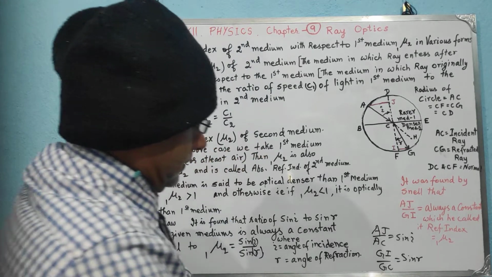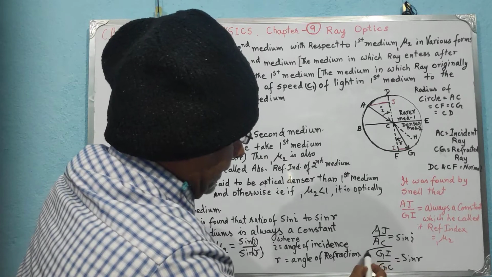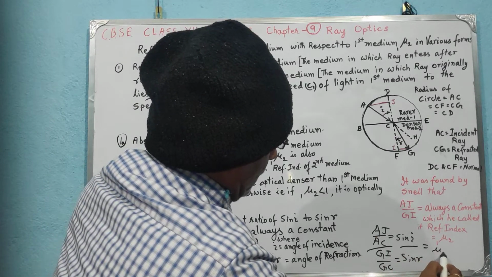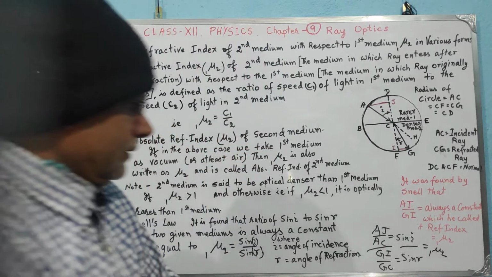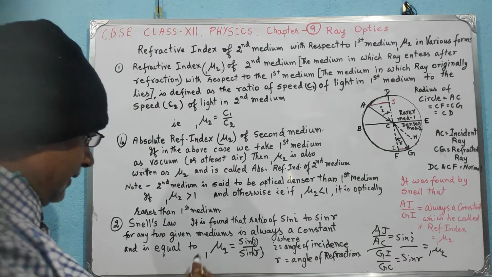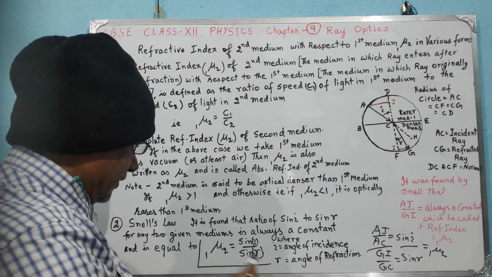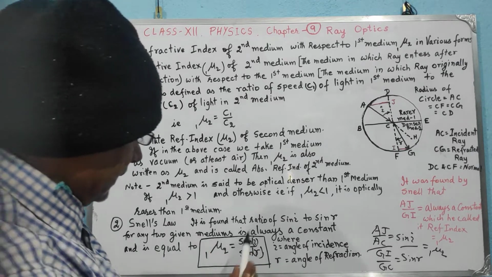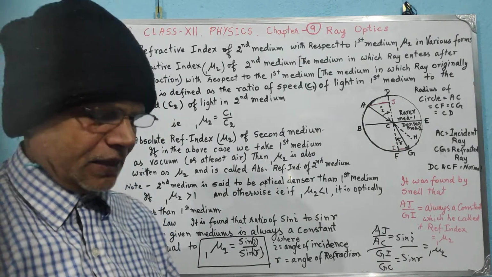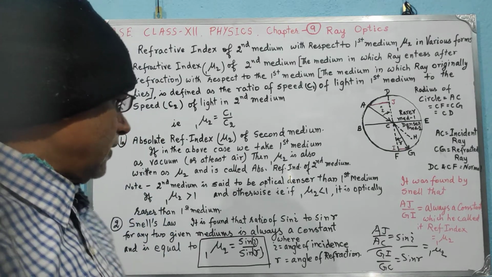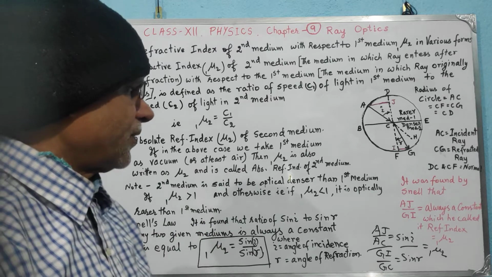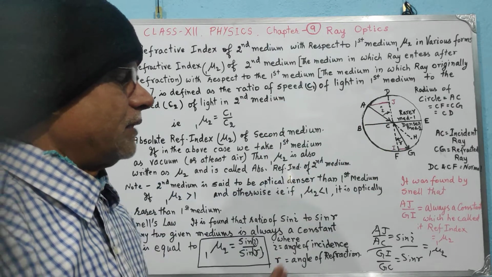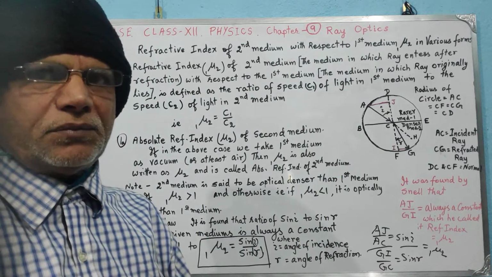Therefore you can see that if you divide these two terms, it again remains constant, and so we got the relation that the refractive index of second medium with respect to first medium, mu2 base 1, is always equal to sin i by sin r. So this is Snell's law. Snell's law gives the observation in mathematical form, whatever he observed geometrically.